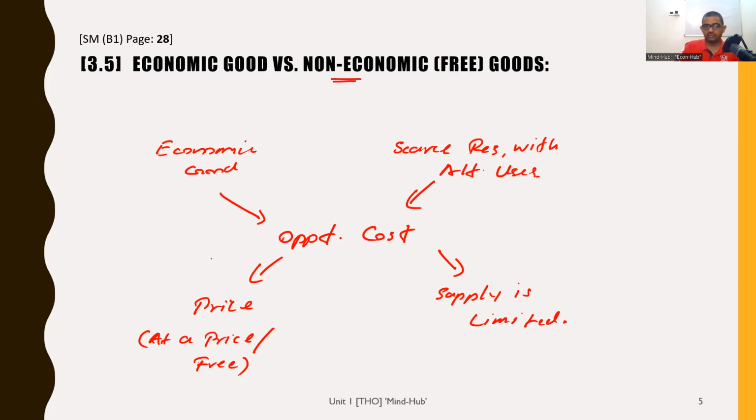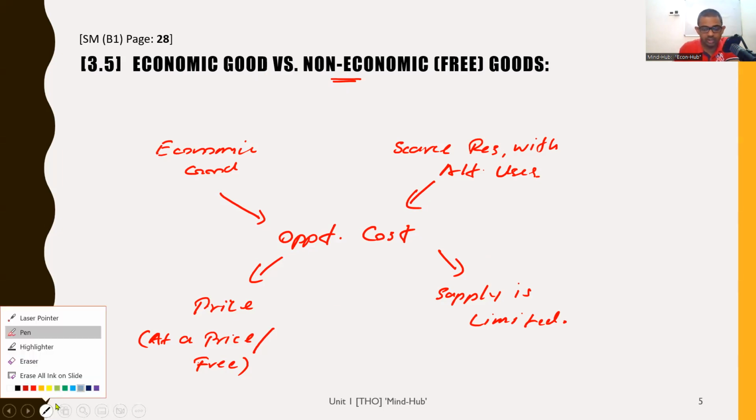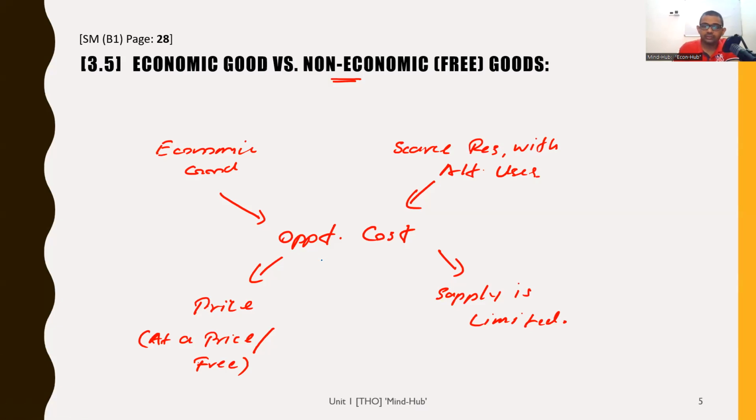A non-economic good, of course, creates satisfaction, creates utility, and fulfills a want. Ladies and gentlemen, can you help me? When you hear the term non-economic good, what is the first thing you should say? For economic goods, we say opportunity cost. For non-economic goods, what do we say? For economic goods, we say positive opportunity cost. But when opportunity cost is not there, we don't say negative, we say zero. So what should we say?